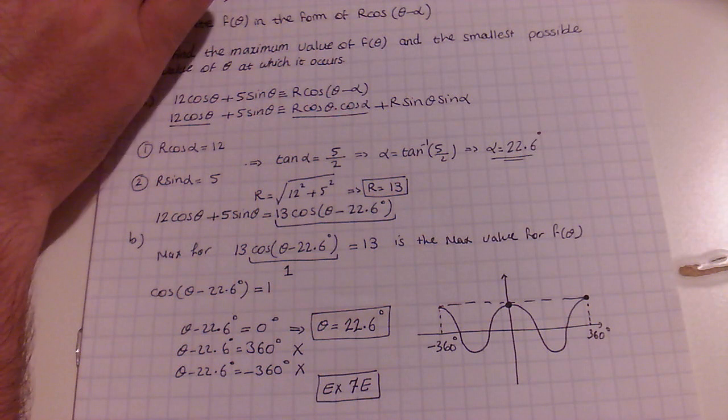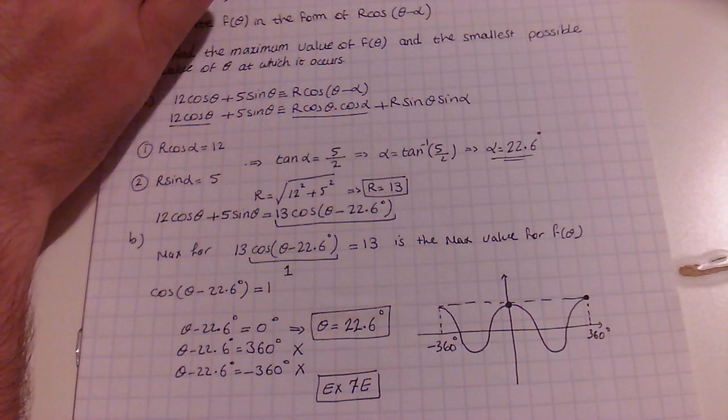Okay, let's sketch the diagram for cos theta first. However, we've done it in previous examples as well. So theta is between, let's say, minus 360 to 360. 1 is here when theta minus 22.6 is equal to 0.